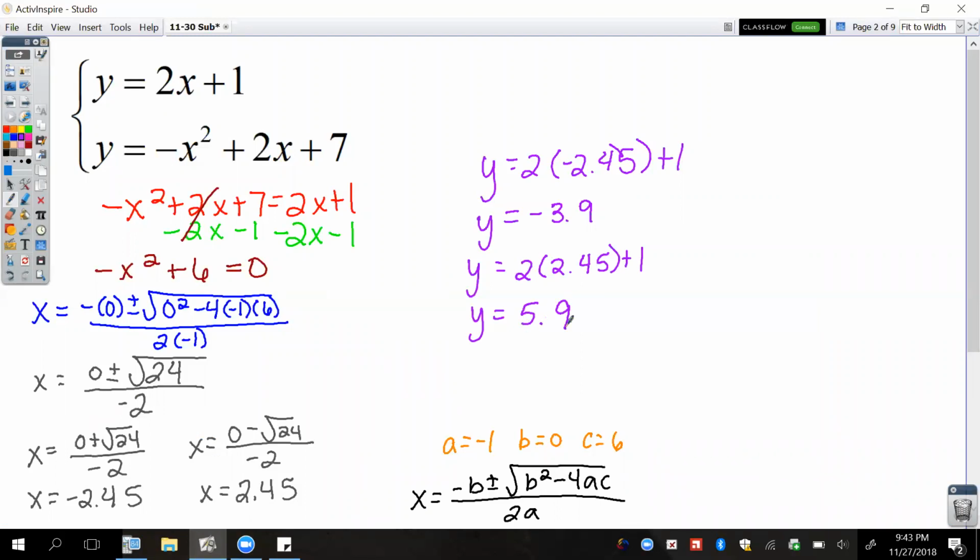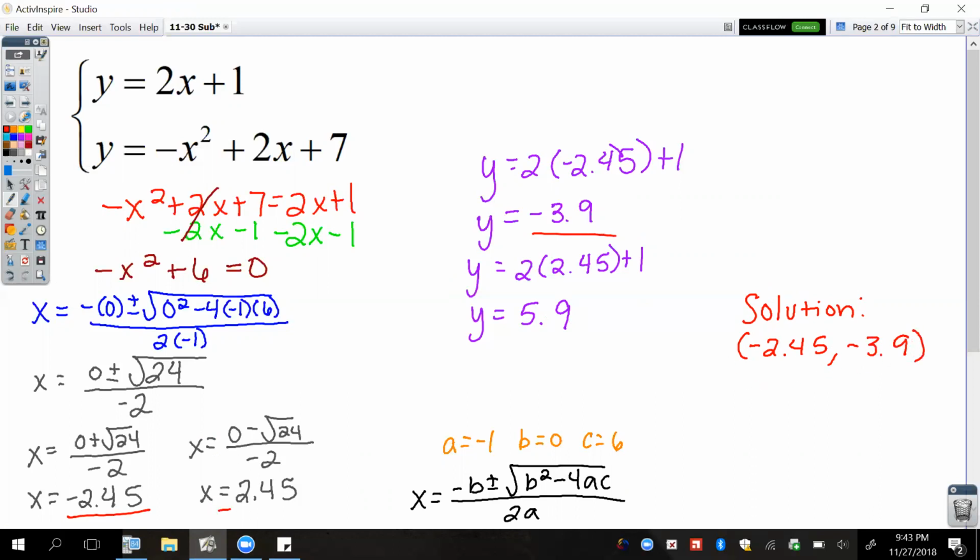So again, if I'm going to write this as a solution, my solution to this is the point when x is negative 2.45, my y is negative 3.9.